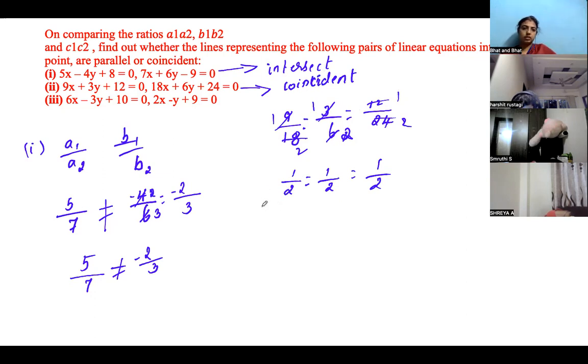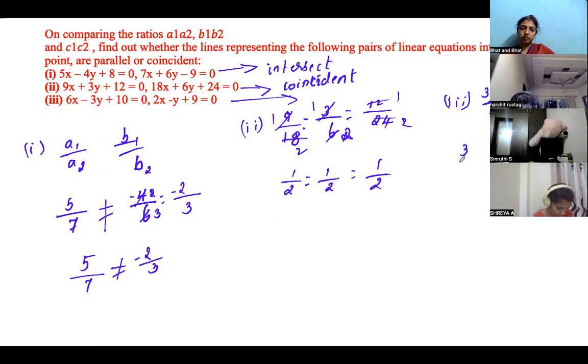Next, for the third one, A1 is 6 divided by 2, B1 is minus 3 divided by minus 1, and C1 is 10 by 9. So this will be 3 and this is 1.